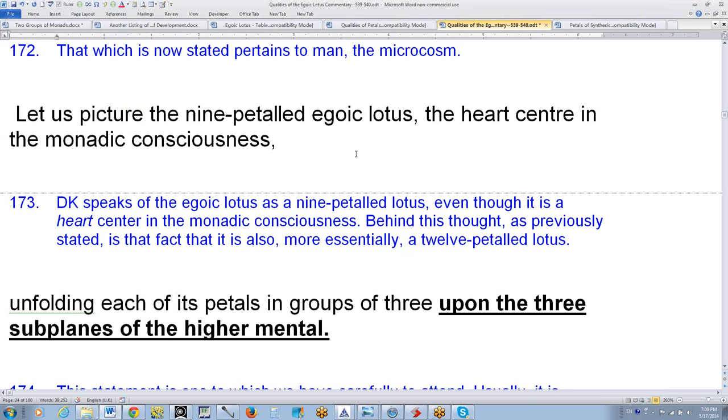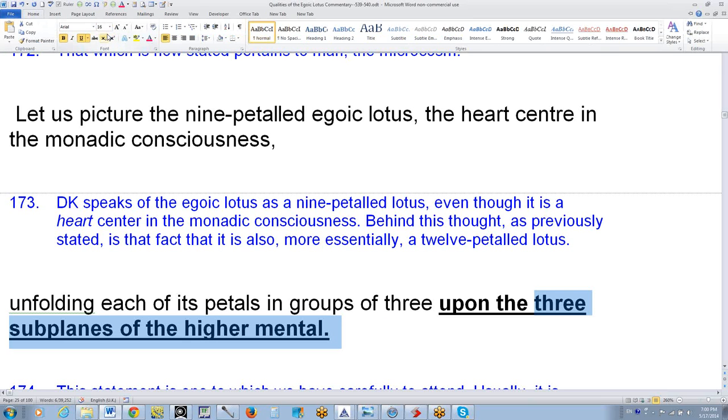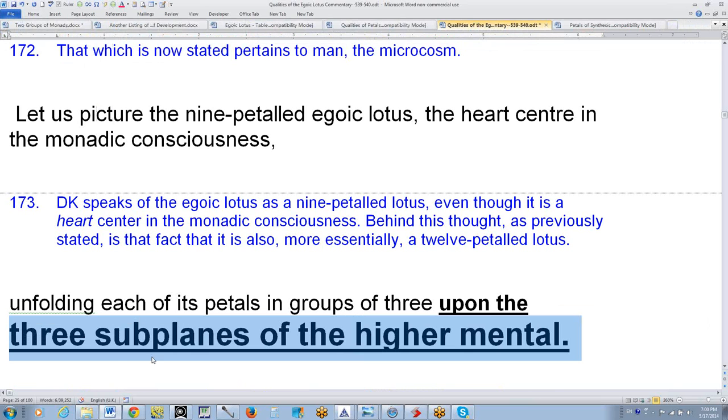So the heart center in the monadic consciousness, unfolding each of its petals in groups of three upon the three subplanes of the higher mental plane, and that's kind of interesting because usually you don't see that kind of reference. The unfolding is generally thought to occur on two subplanes of the higher mental plane.